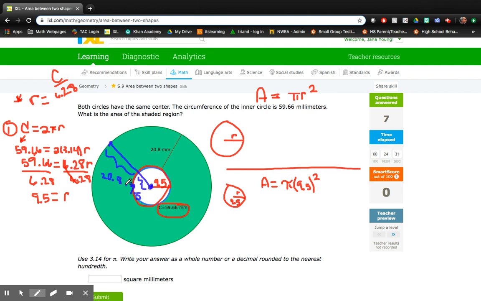So we can actually just add these together to find the radius of the big circle. So that's going to be 20.8, that given value, plus the inner radius, which is 9.5. So 9.5 plus 20.8 is 30.3. So what this tells me, this 30.3, this tells me this radius of the big circle, this one right here. So that is 30.3.